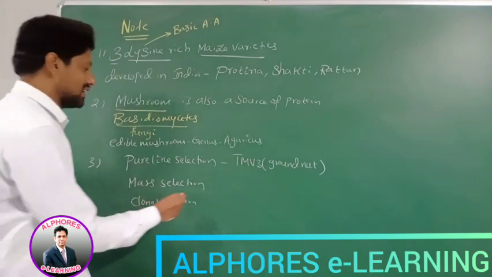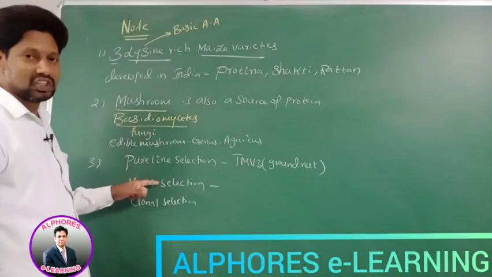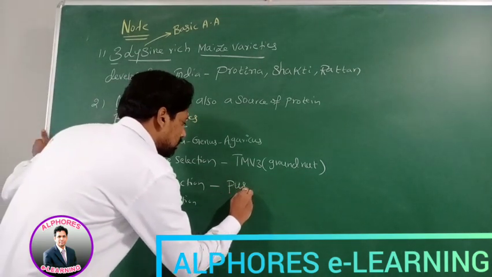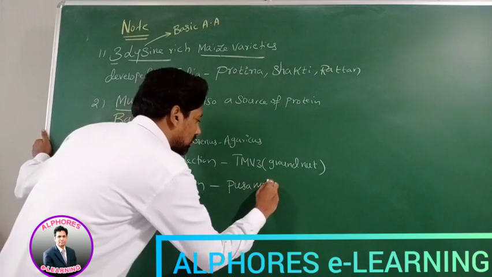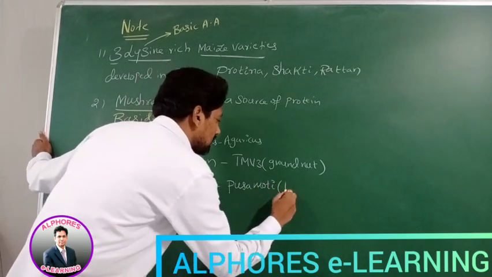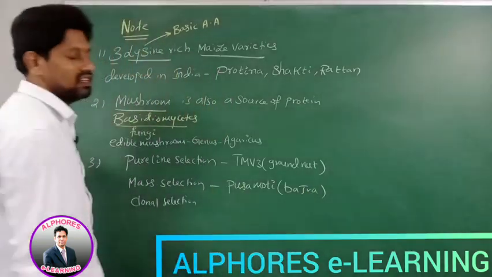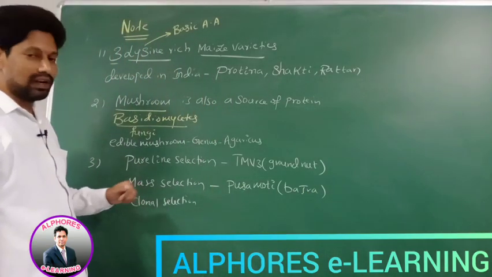Now go for mass selection. By mass selection, a variety of bajra is developed by name Pusa Moti. It is a variety of bajra. Now go for clonal selection.